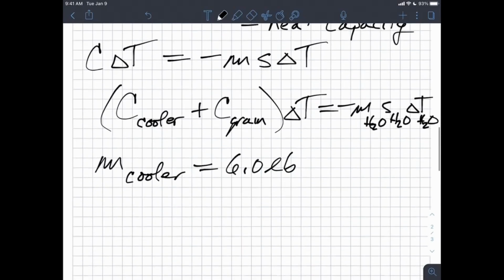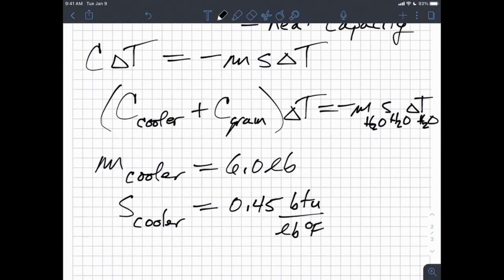And its specific heat, it's made out of mostly a mixture of high density polyethylene and some polypropylene. And if we look it up, it's got a specific heat of 0.45 British thermal units per pound degree F. Wow, we're getting some strange units here.